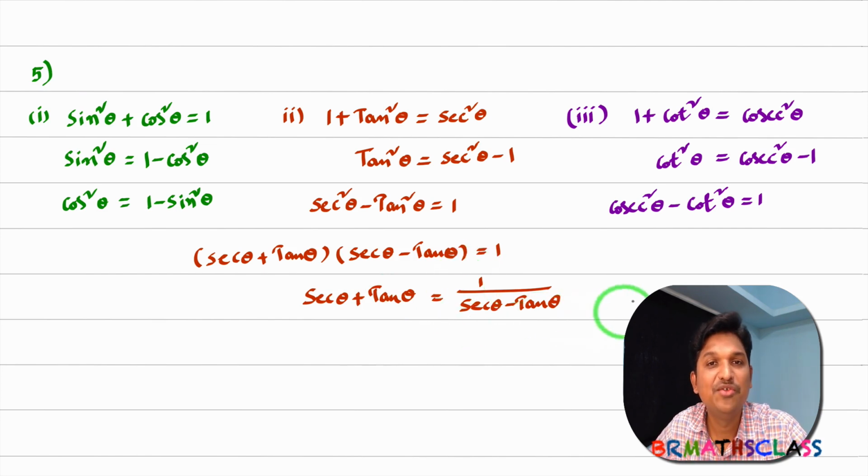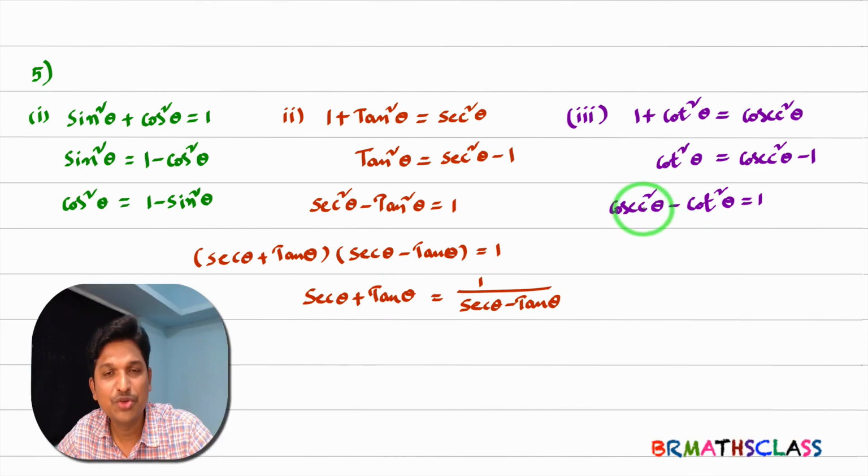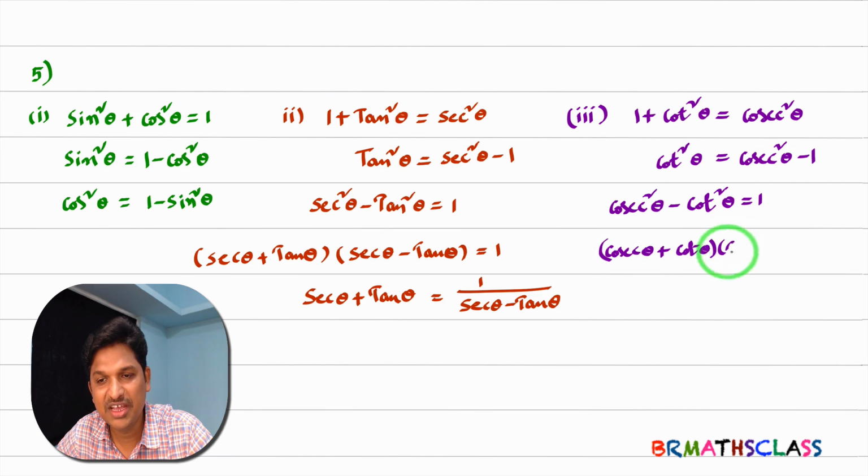In the same way, we can write for this also. Cosecant square theta minus cot square theta equal to 1. It looks like a square minus b square. So what is the formula here? A square minus b square is a plus b into a minus b. So cosecant theta plus cot theta into cosecant theta minus cot theta equal to 1.